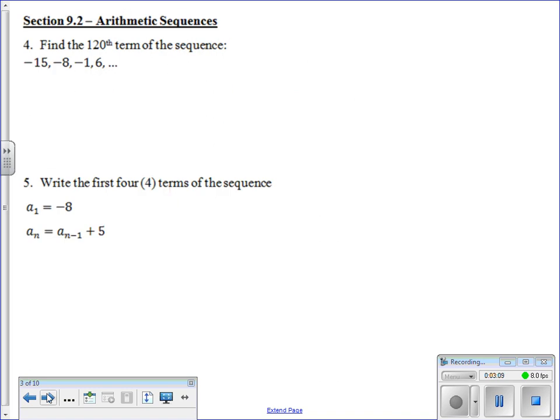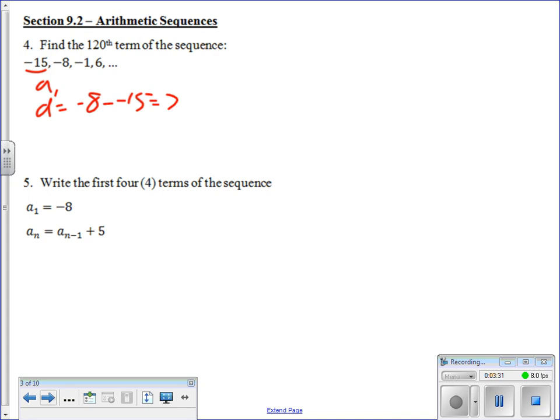Arithmetic sequences, find the 120th term. So what do I need to do to find that? I need the first term, a sub 1, which is -15. I need to find D, or my difference: -8 minus -15, or 7.